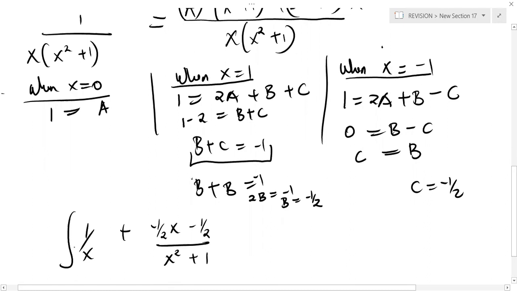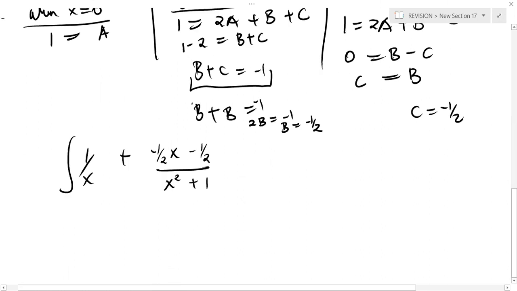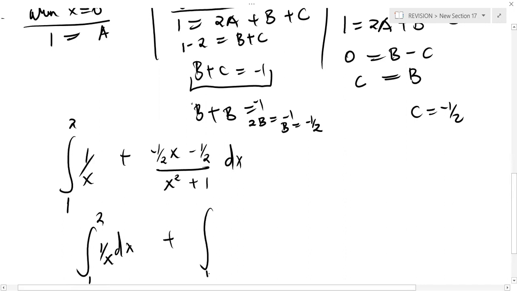This is what we are going to integrate, and the integral is from 1 to 2 dx. We can distribute this so that we have the integral from 1 to 2 of 1 over x dx, plus the integral from 1 to 2 of minus a half x over x squared plus 1, minus a half over x squared plus 1 dx.